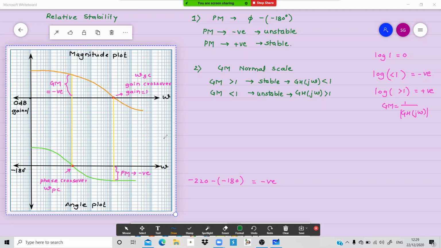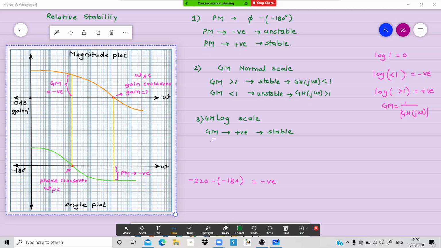Am I right? Yes. And the third thing, from this we can extract, when you are talking about GM on log scale: |GH(j omega)| less than 1 means GM greater than 1, which means GM on the log scale is going to be positive, and that means your system is stable.